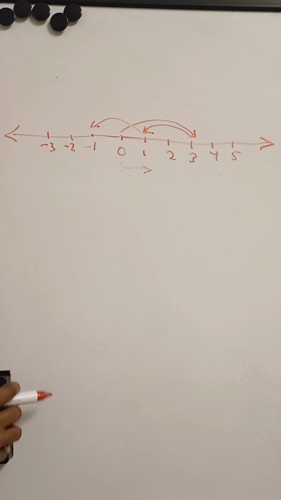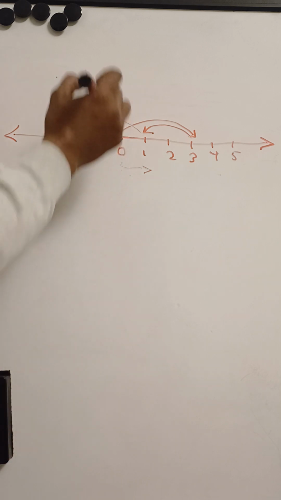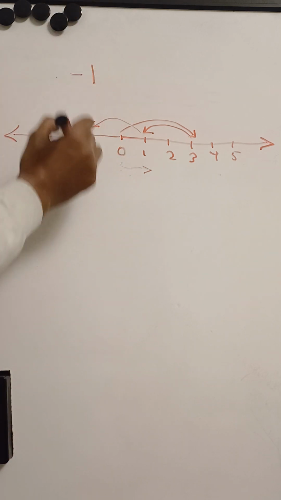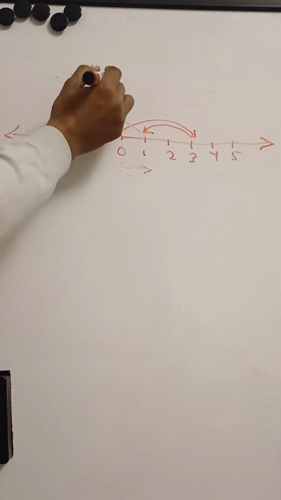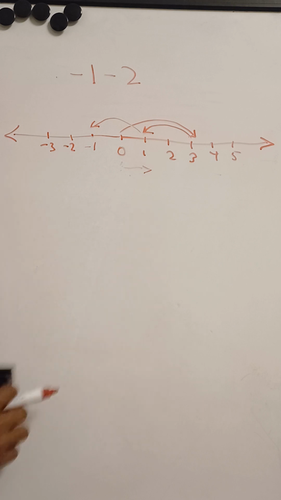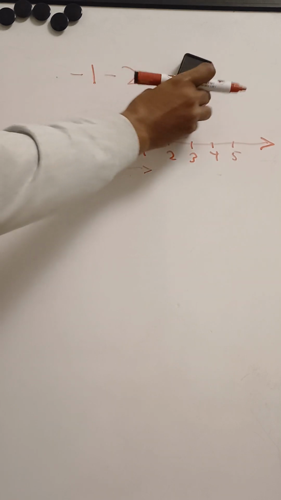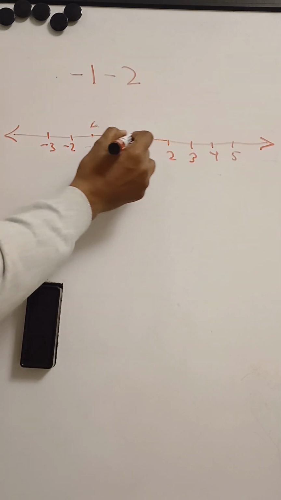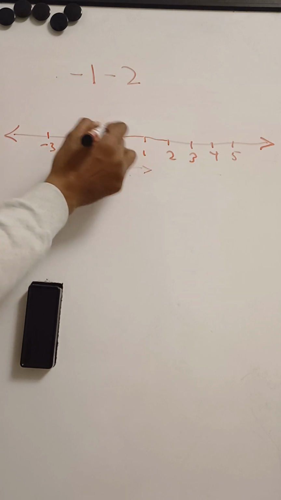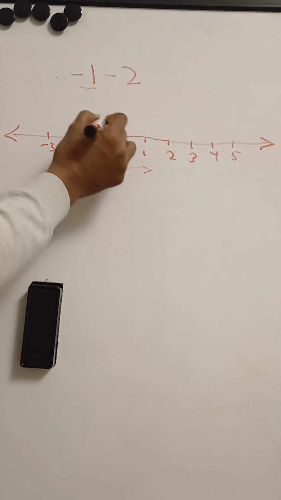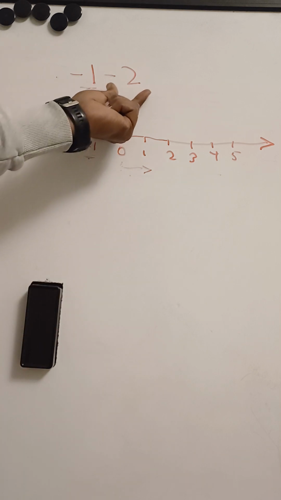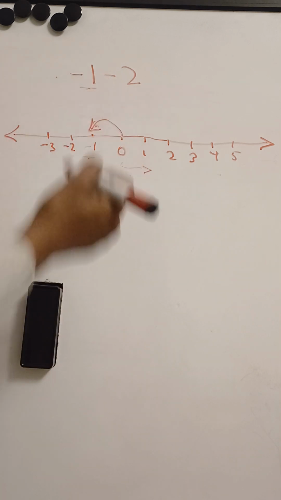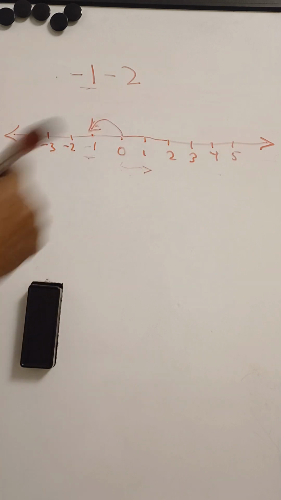So if I subtracted, let's say, -1 and took away 2, so that's -1 minus 2. That means starting from 0, going to -1. This is my starting point, -1, and minus 2, because it's minus, that means we move to the left.